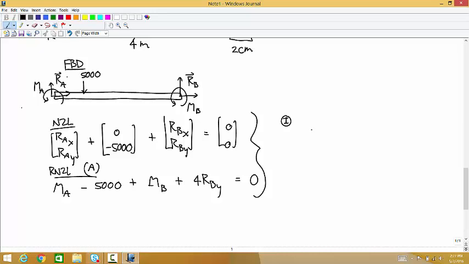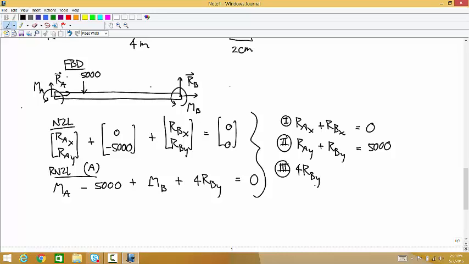So the first equation says RAX plus RBX equals 0. The second equation says RAY plus RBY is equal to 5,000. And the third equation says 4RBY plus MA plus MB is equal to 5,000.